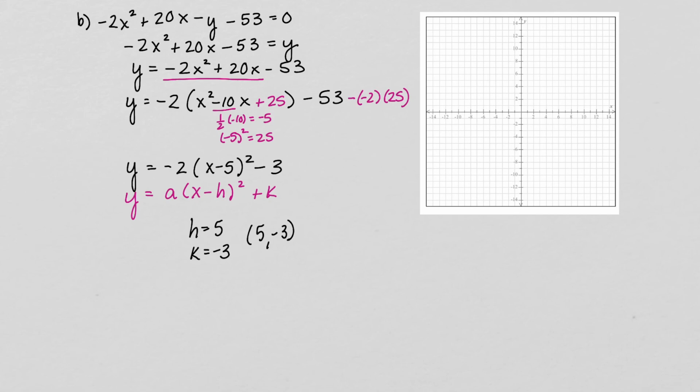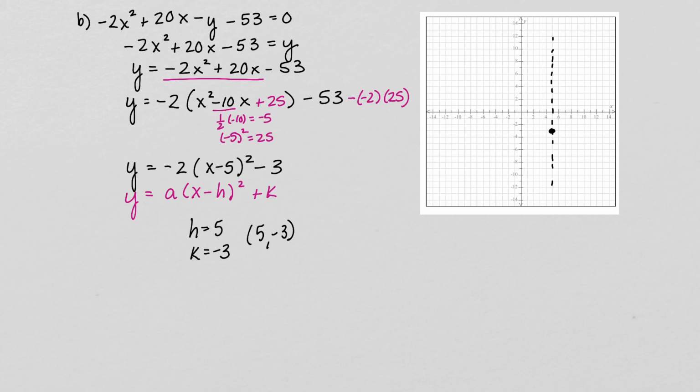So if we go out to 5 and then down to negative 3, I know that my axis of symmetry is this way because we have an x squared parabola, so it's vertical. I also know that it's going to open down because my a is negative. So I just want to pick another value of x.